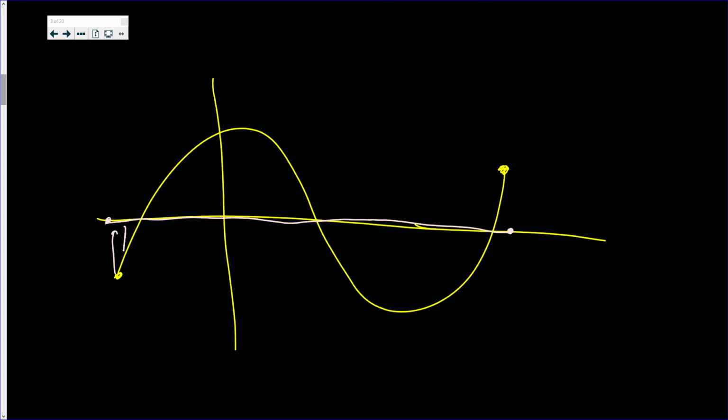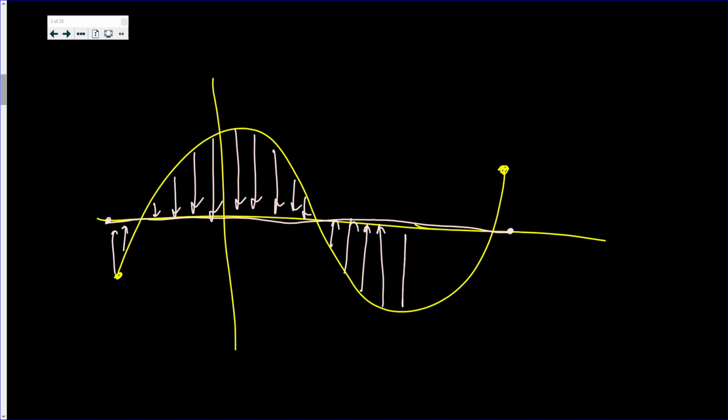Because if I took the points and went to the x-axis, let me label it, I would have highlighted all the values between those two points, between this point and that point.